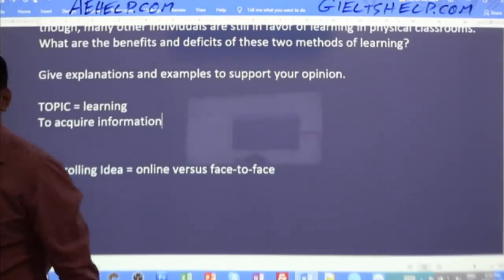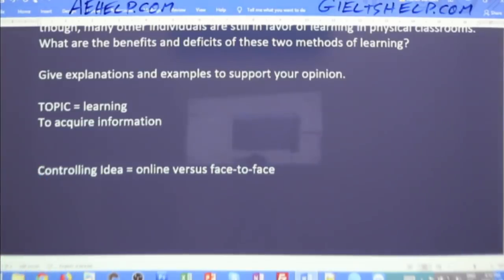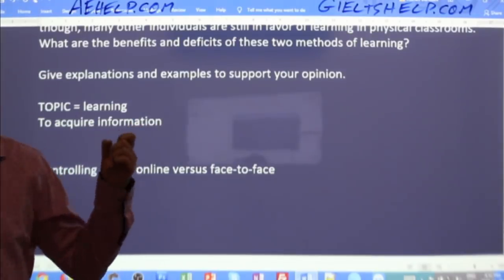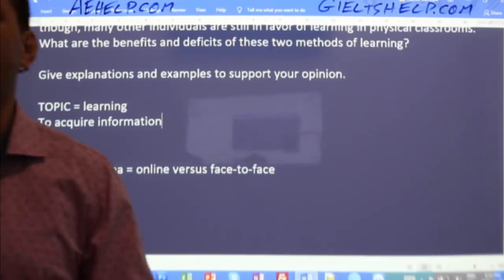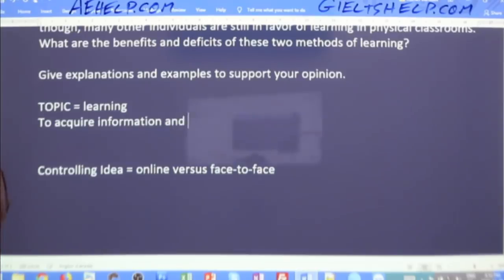Absolutely, to gain information, to get knowledge. And there is a saying that learning is actually two parts. One part to get the information, and the other part to be able to use information, okay? That's important, all right? To acquire and be able to apply information.